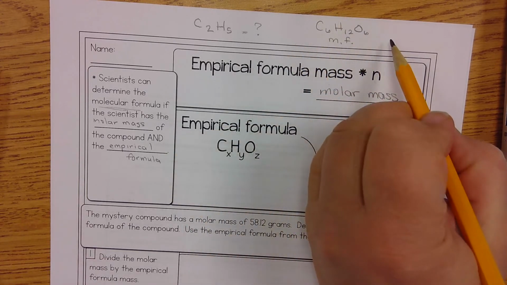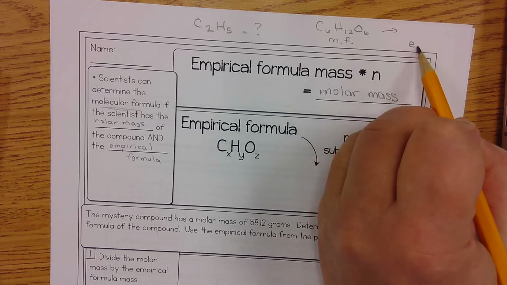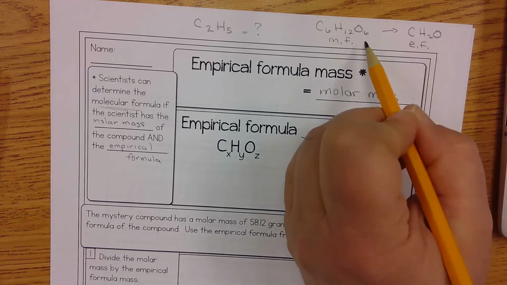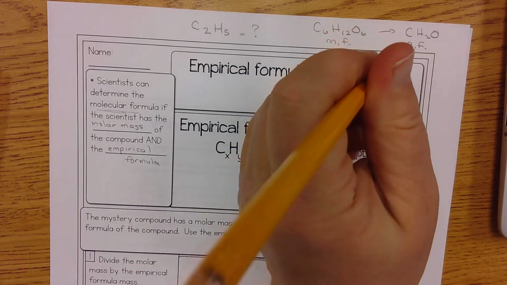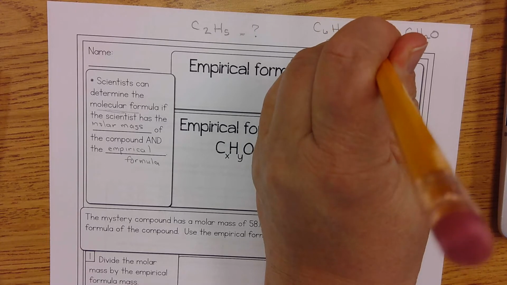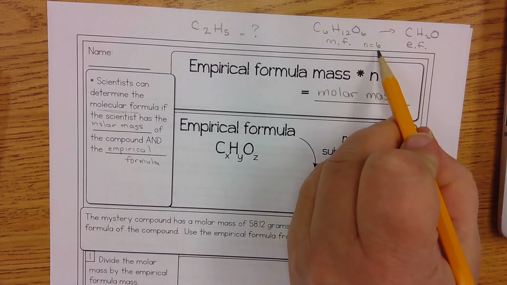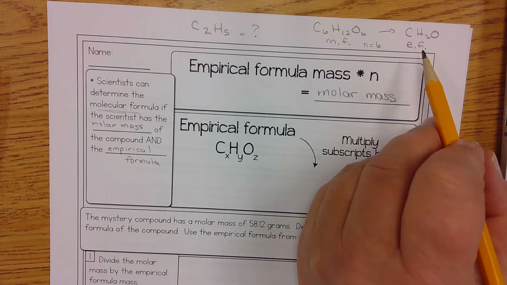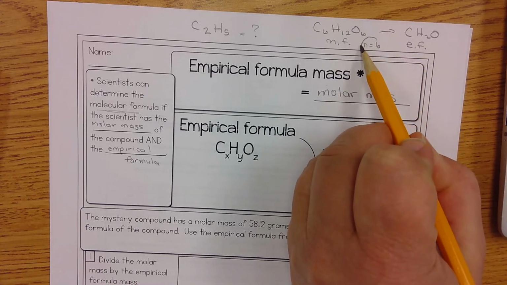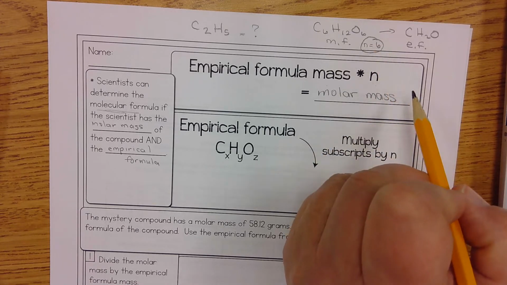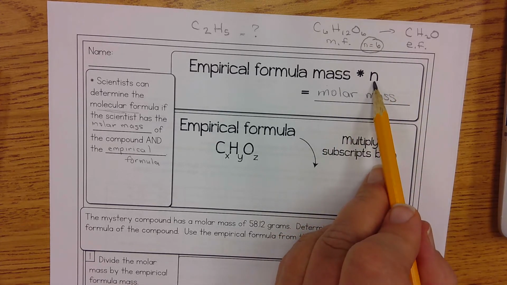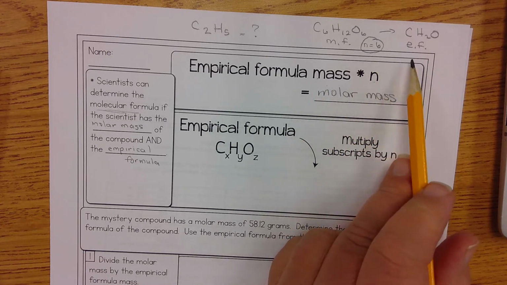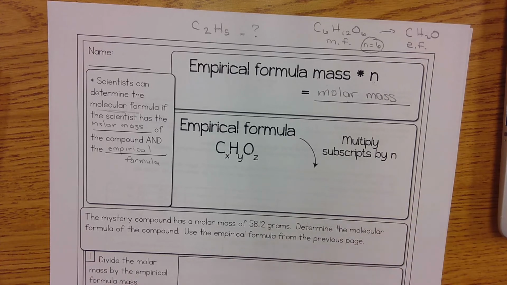When we converted it to the empirical formula, we had CH2O. In this case, N would equal 6, because it's the number I divided by to get from the molecular formula to the empirical formula. It is that ratio number. So we are trying to find this ratio number, if we know the empirical formula mass and the molar mass, so we can convert from one to the other.